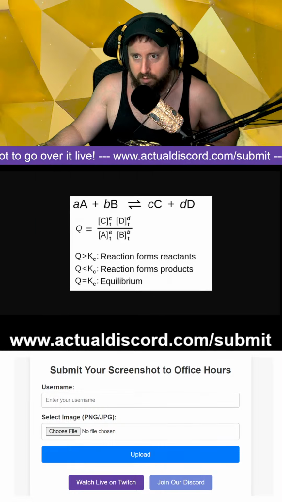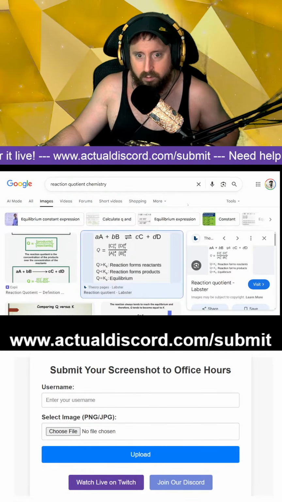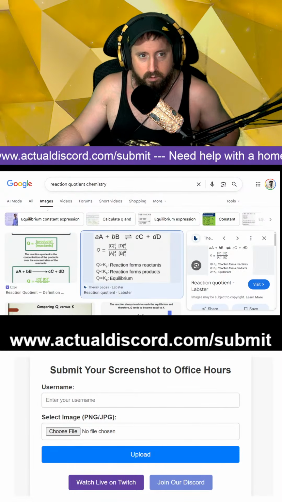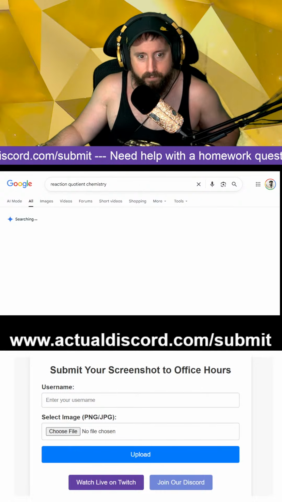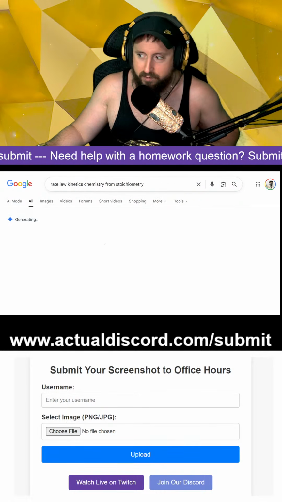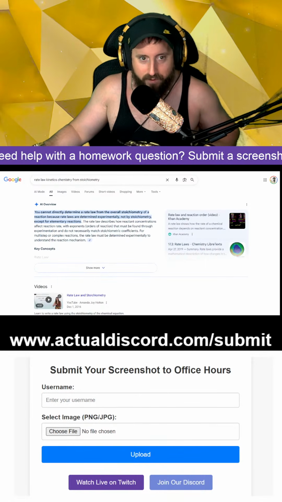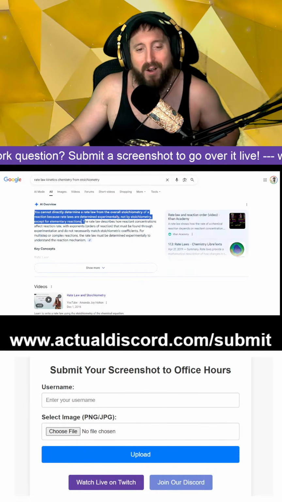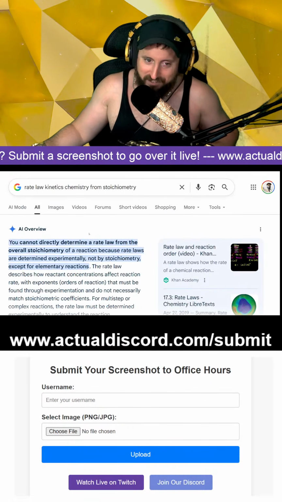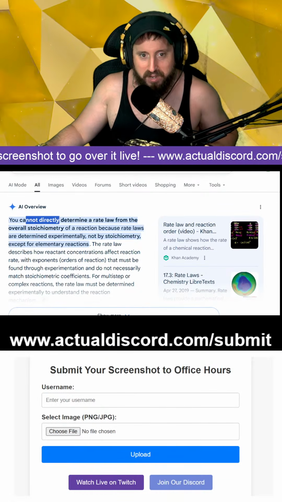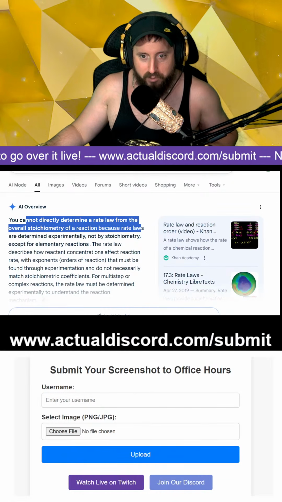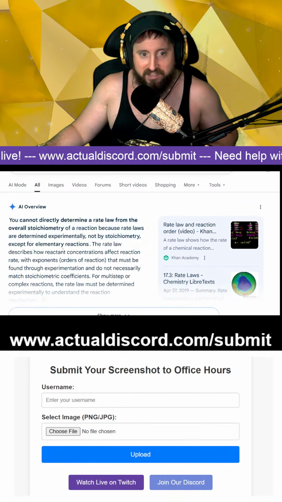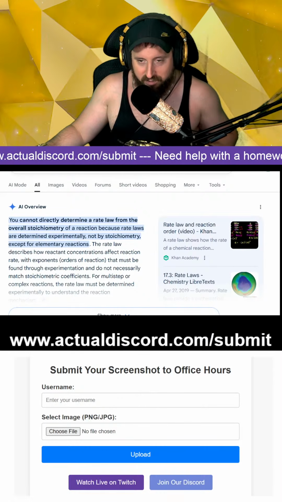Sorry, where was LibreText that told me that was wrong? This is the other cool thing with AI, I can have the AIs fight with each other. Oh, okay. Here we go. Actually, sorry. We already answered our question here. You cannot determine a rate law from the overall stoichiometry or determine experimentally except for elementary reactions.